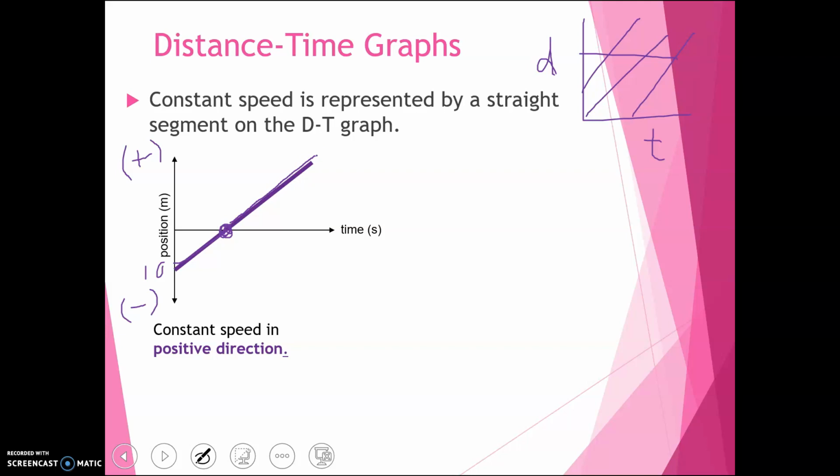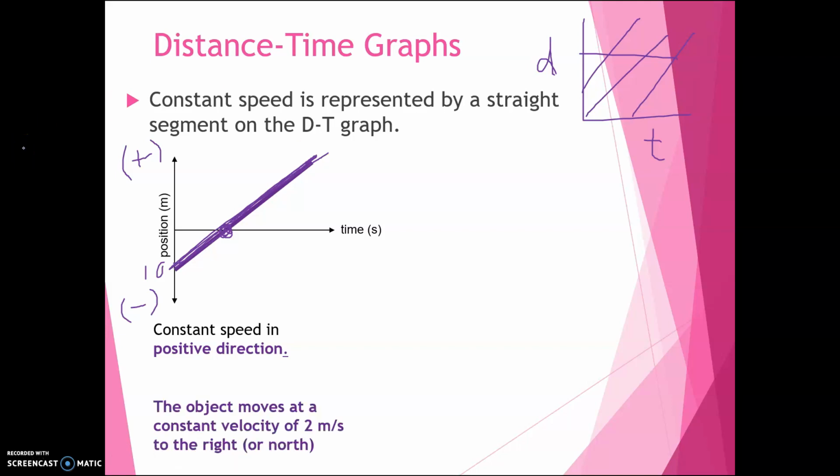However, it's a straight line, so it's a constant speed and it's moving in the positive direction. So it has a positive slope, so the object is moving in the positive direction. This could be, for example, an object moving at a constant velocity of 2 meters per second to the right or north. Because it's that positive direction, you would use right or north.